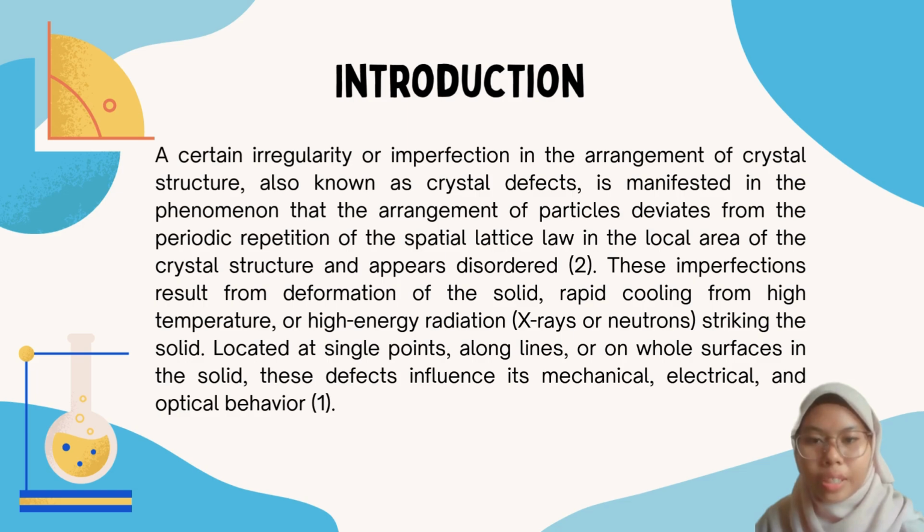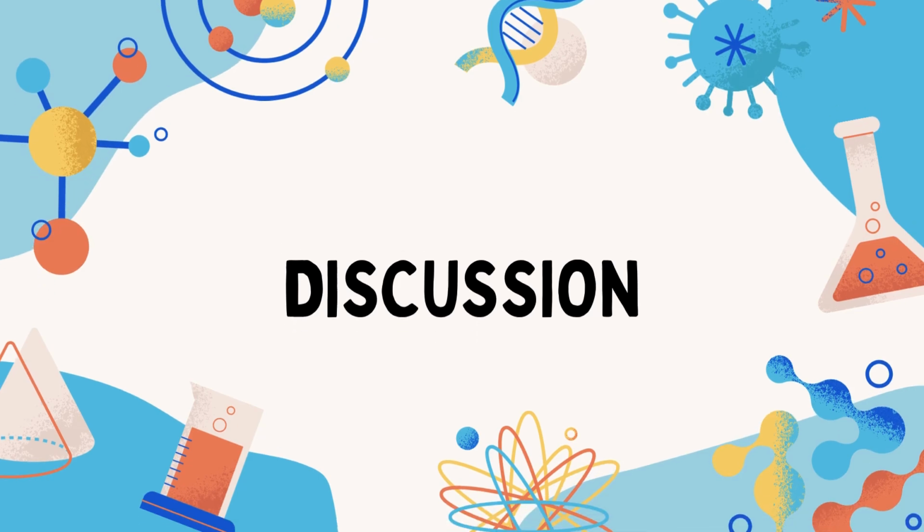These imperfections result from deformation of the solids, rapid cooling from high temperature, or high energy radiation, such as X-ray or neutron, striking the solid, located at a single point, along lines, or on a whole surface in the solids. These defects influence its mechanical, electrical, and optical behavior.